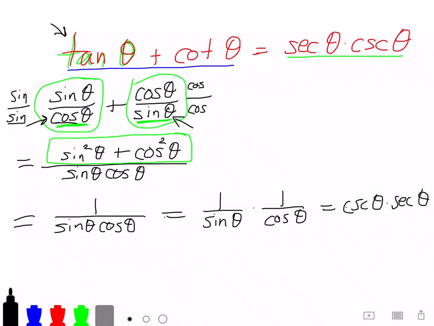And we just flip those around because we're just multiplying them, and we have done it. We've shown what we needed to do. We have proved the identity.